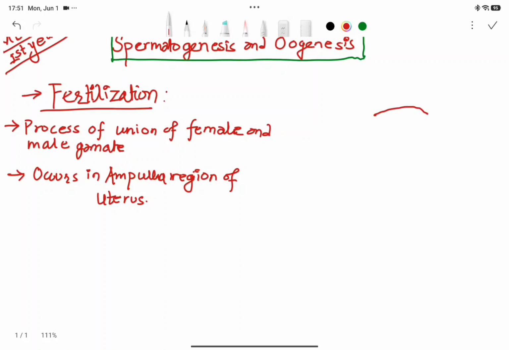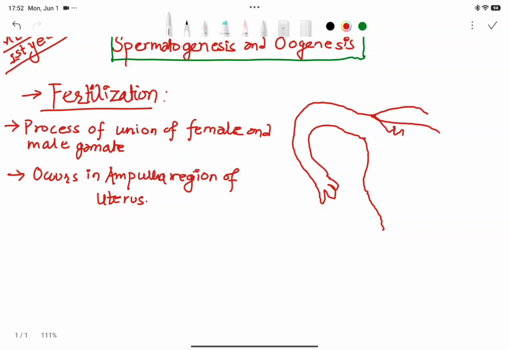the picture of the uterus, it will look like this. Okay, these are the female structures.